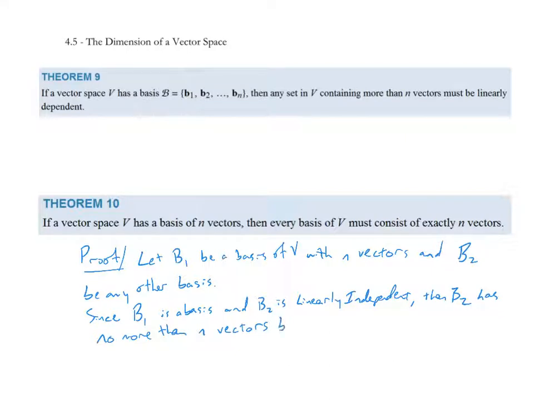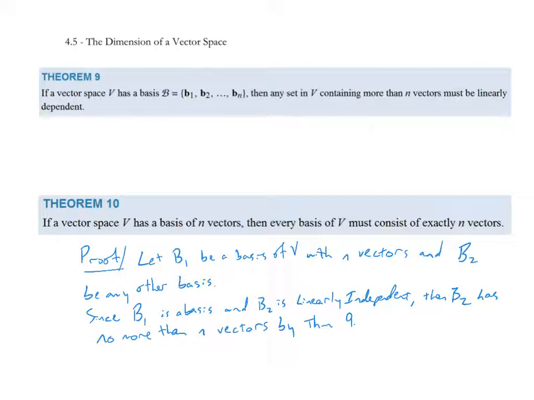Now, that is by theorem 9, the one above. If theorem 9 made sense when you paused it and thought about it for a minute, B1 is a basis, B2 is linearly independent, B2 can't have any more than n vectors. It has to have less than or equal to n vectors.